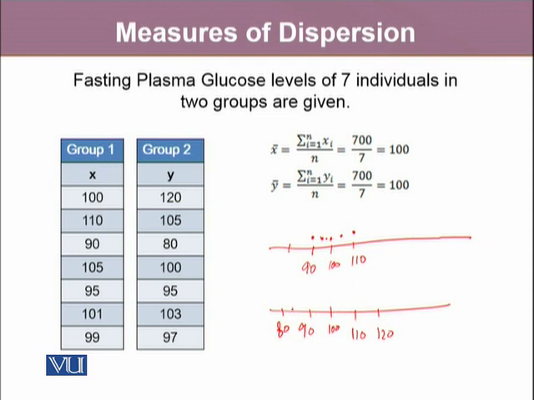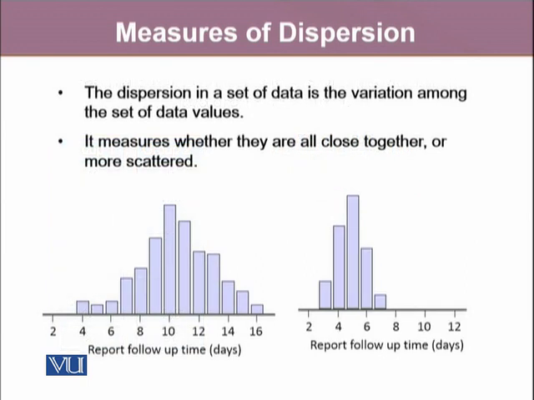And for the other data in group 2, the first observation is 120, next is 105, 80, 100, 95, 103, and 97. In this data, we can see that overall, in group 2, there's a bigger spread. All these measures that help us to measure this dispersion, this spread, are called measures of dispersion.